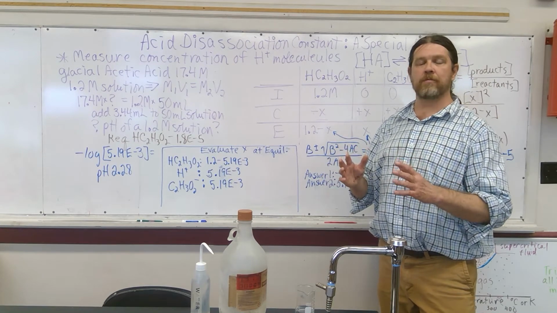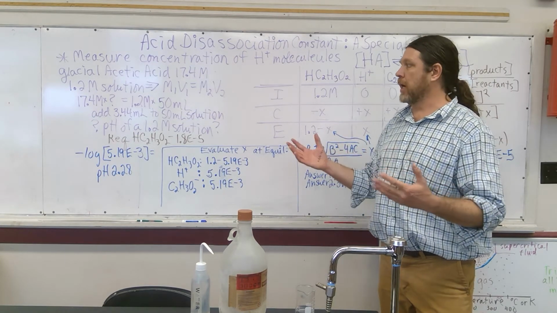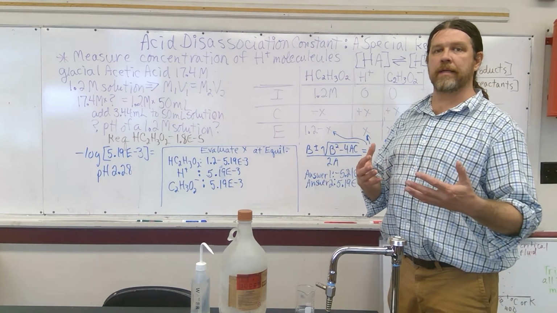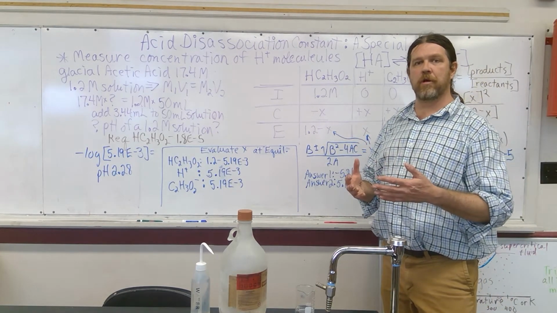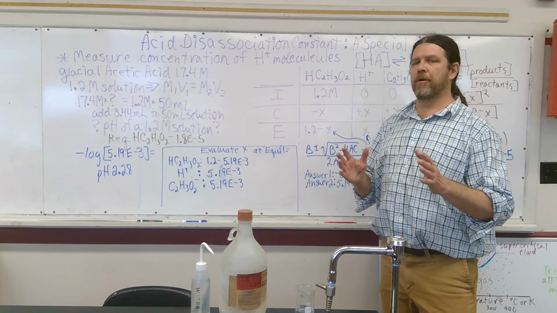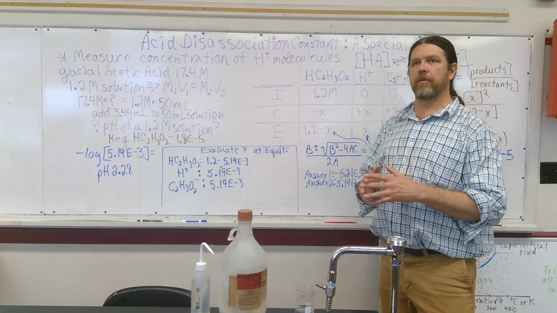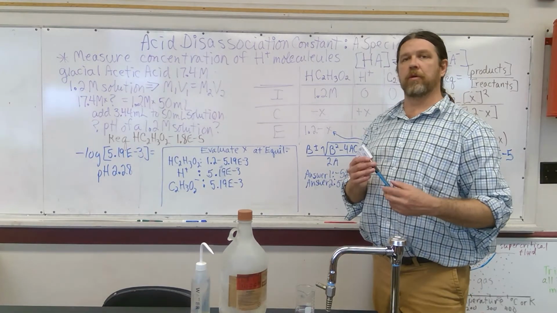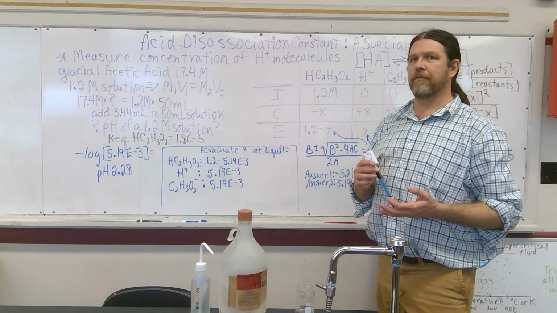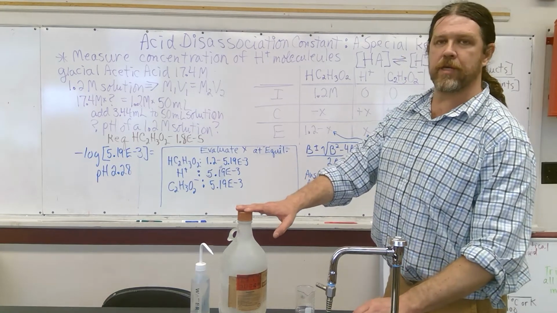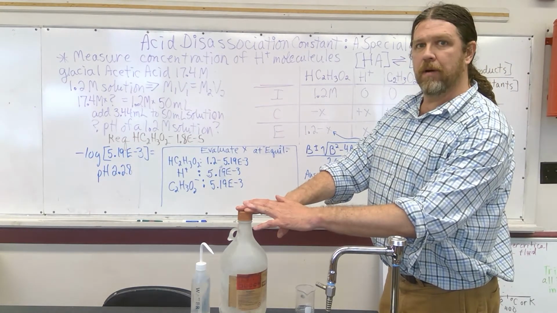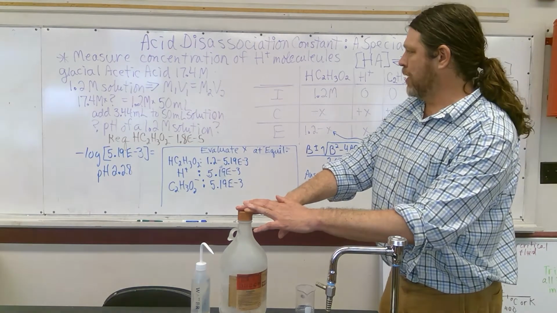So a lot of times when we're dealing with weak acids and constants, getting a result that's within an order of magnitude of the expected result is pretty good. No point in beating yourself up if you don't get exactly the pH in this probe that we hope to get. But I think we can get fairly close, assuming that this acid is still pretty much in the condition it was when we or our predecessors bought it.